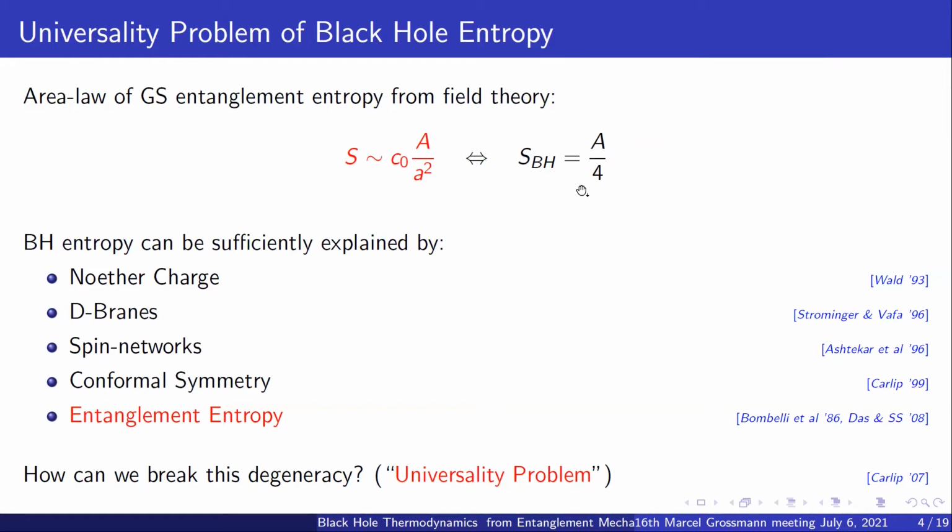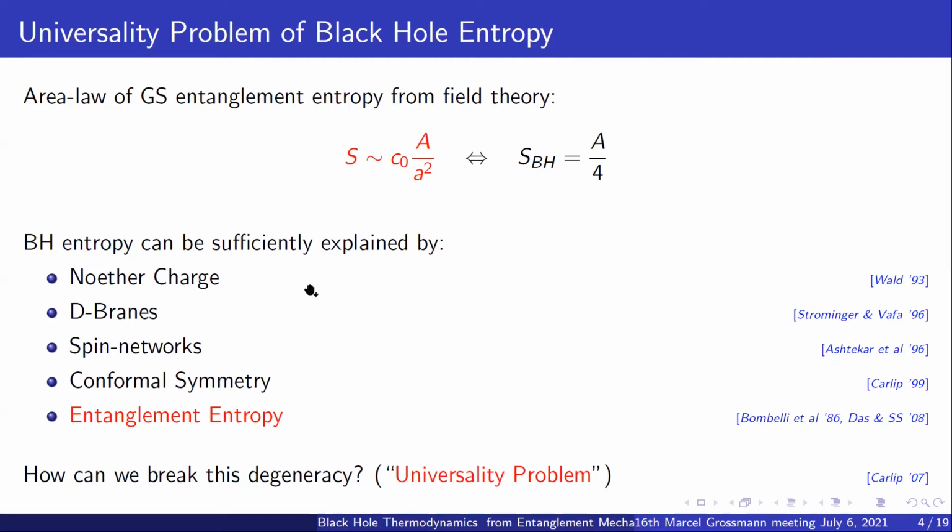This was exciting at the time because people suddenly regarded entanglement entropy as a possible explanation for why Bekenstein-Hawking entropy has an area law, and points towards the quantum origin of Bekenstein-Hawking entropy. However, as time went on, there were several other theories that came by, which could similarly and sufficiently explain the Bekenstein-Hawking entropy and the area law.